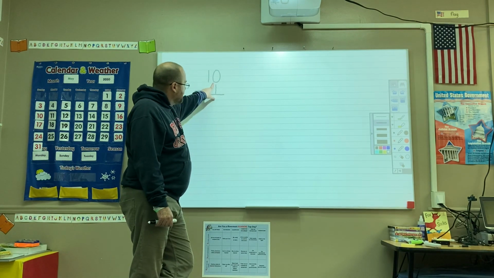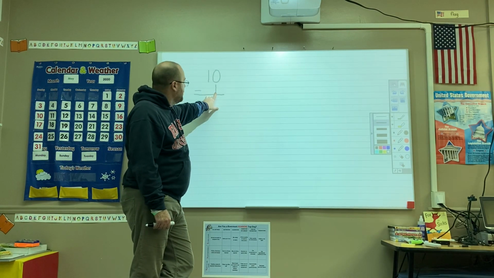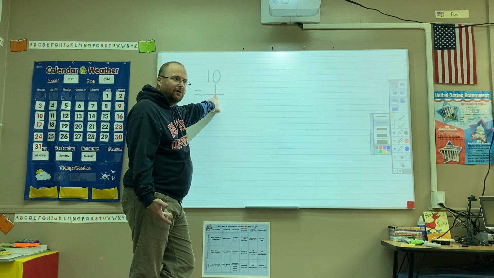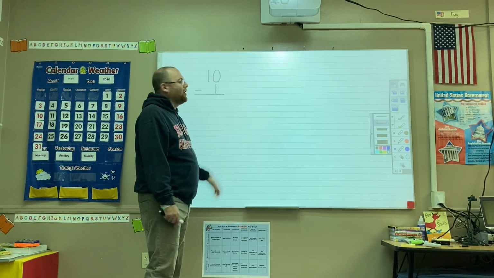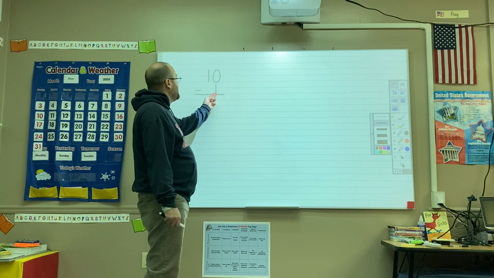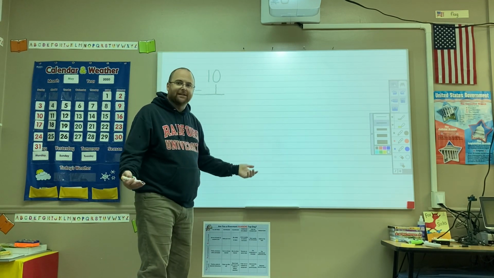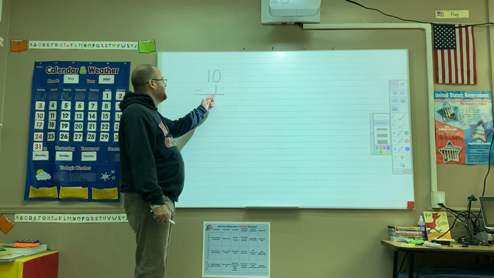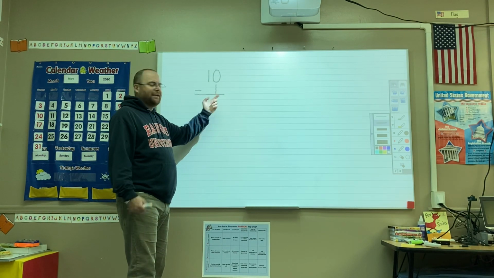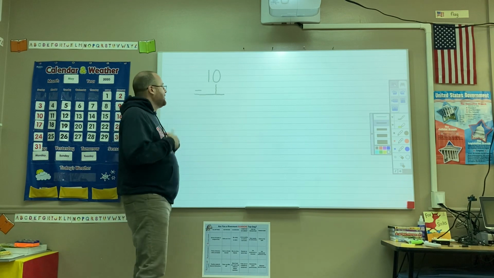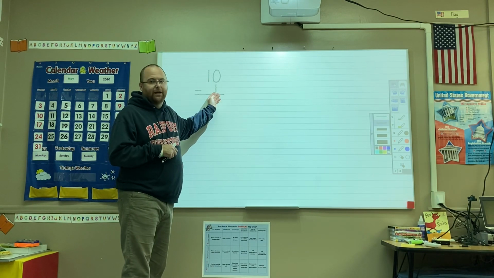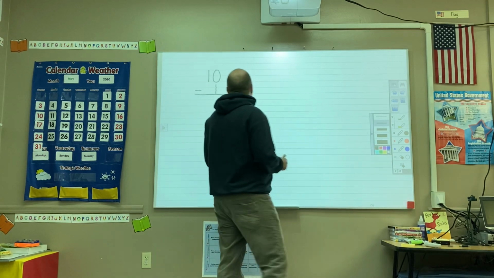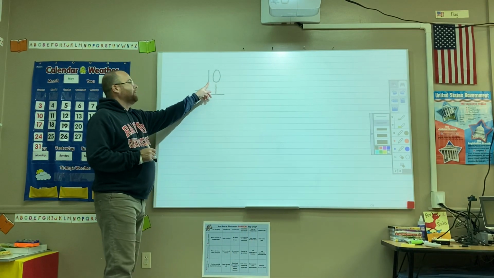If I had 0 cars and I gave 1 away, how many cars did I give away? Well, I couldn't do that. If I don't have any cars, how am I going to give 1 away? I can't. If I have 0 pizzas and I give 1 away, I can't do that. I don't have any pizzas to give away. All right? What's going to happen is I'm going to have to ask my neighbor.